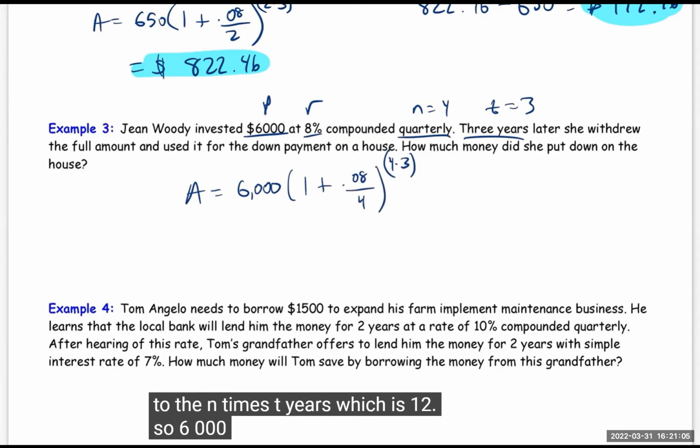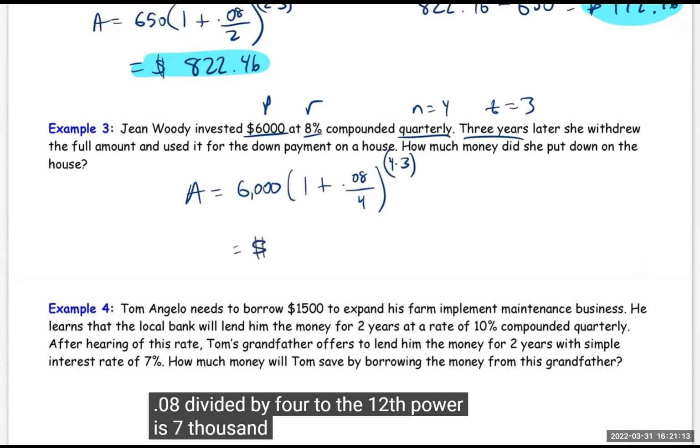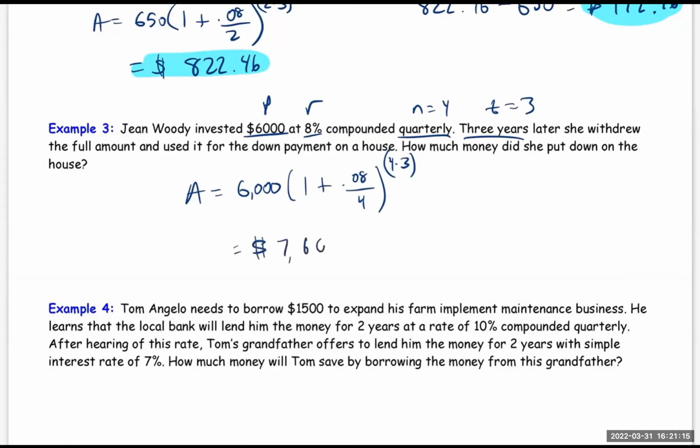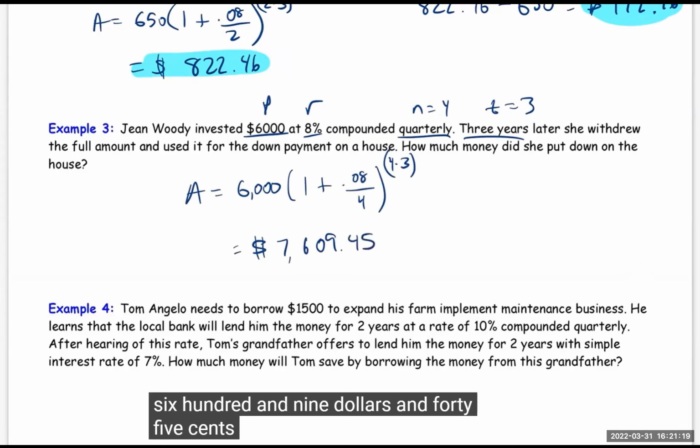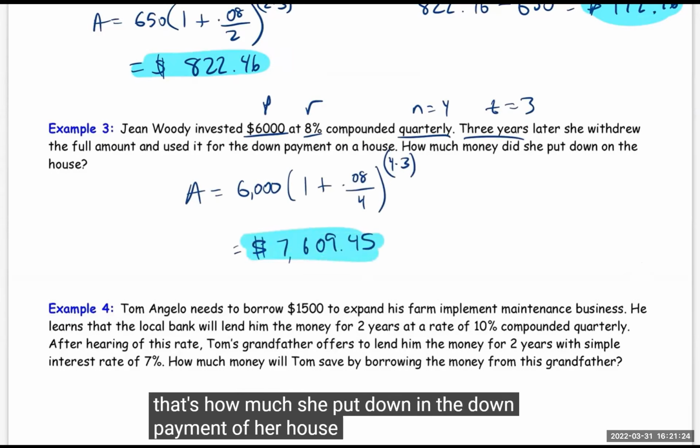So 6,000 times 1 plus 0.08 divided by 4 to the 12th power is $7,609.45. That's how much she put down in the down payment of her house.